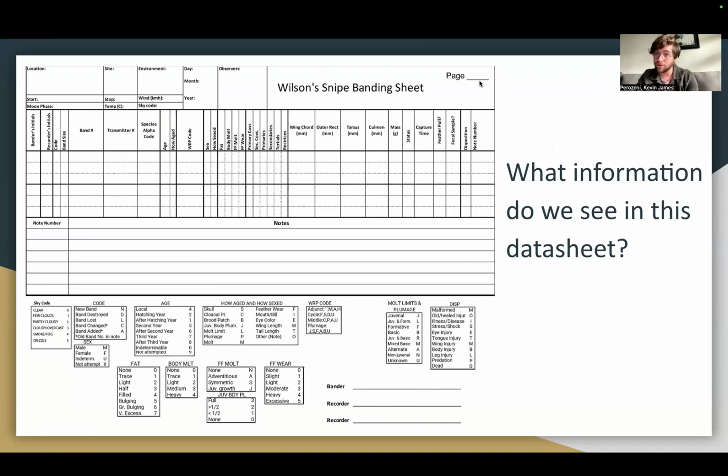But I've added page number to keep everything in order. I've added the banders and the recorders down here. I have a lot of information about different codes that I'm putting into my actual banding sheet. I also have a place for notes. And so these are all things that you can bring in to help gather and make sure that you have information once you go and visualize and process it.